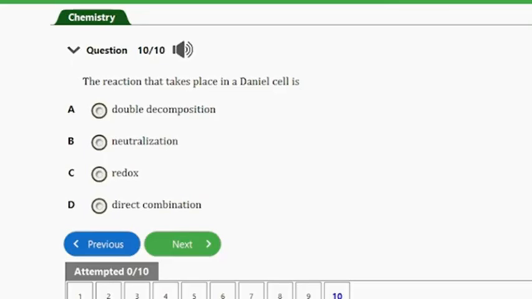At the anode, we have an oxidation process, and then at the cathode, we have a reduction process. That's the oxidation process occurring at the zinc anode, and then the reduction process occurring at the copper cathode. So guys, that's it for that question, and this is where we end this video for today.